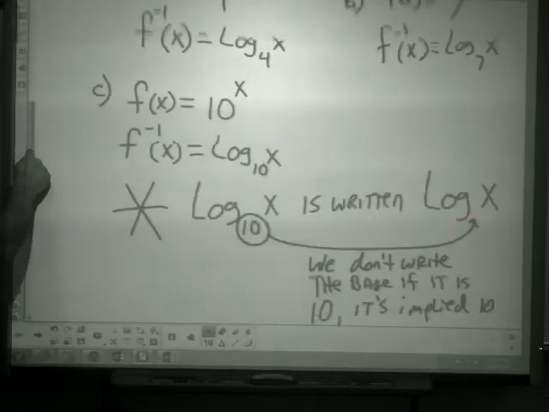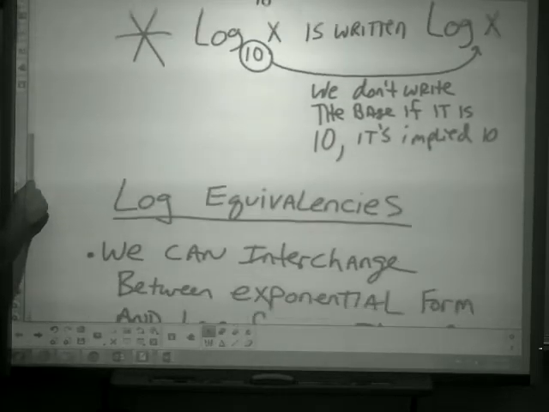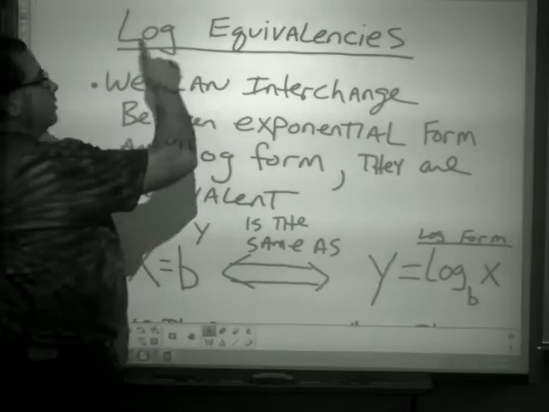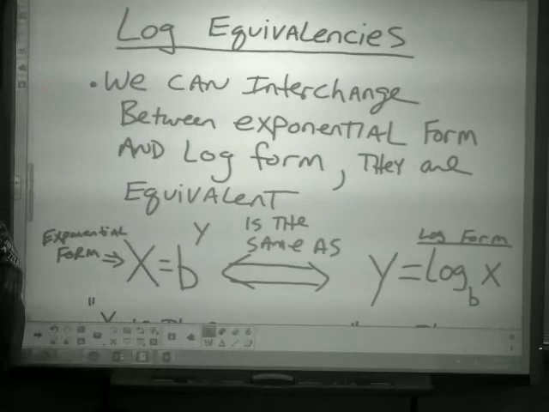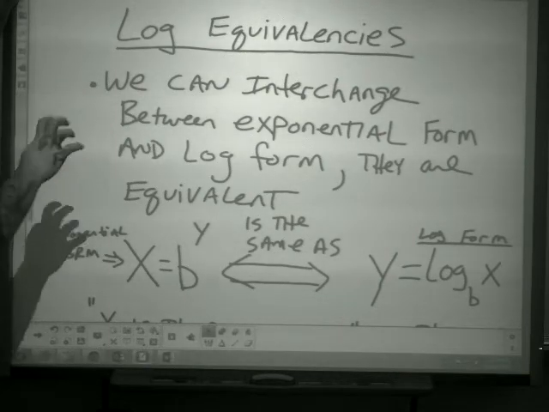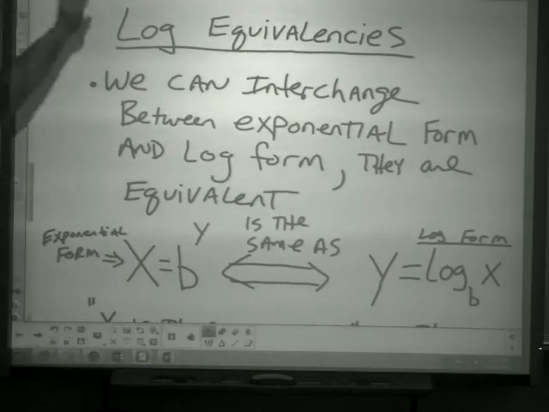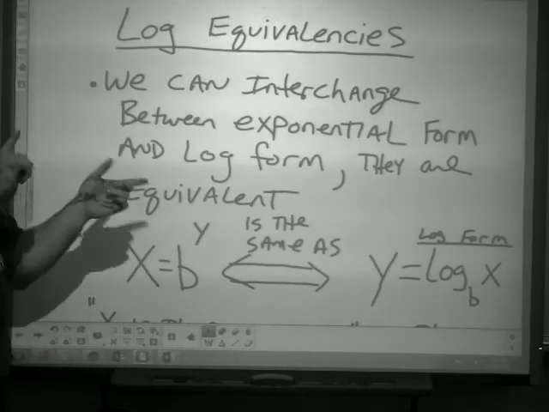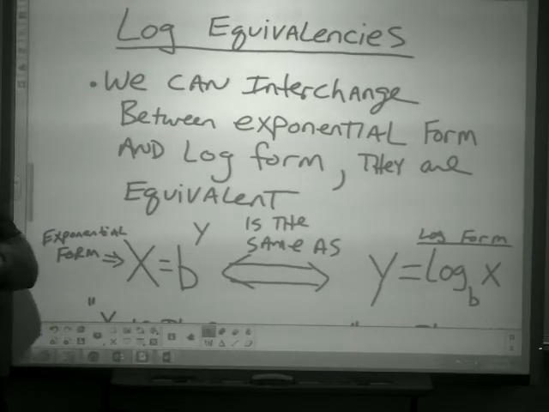Now, what's the other thing? One of the things we have to be able to do is to write what we call log equivalencies. So we're trying to think about what's equivalent. And log equivalencies then, we can interchange between exponential form and log form. And when we interchange them, they are equivalent to each other.